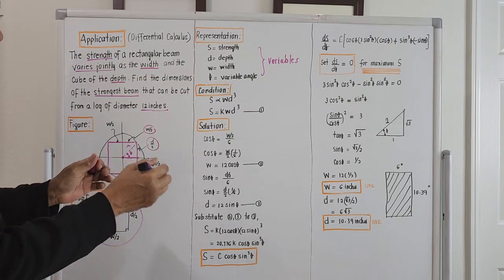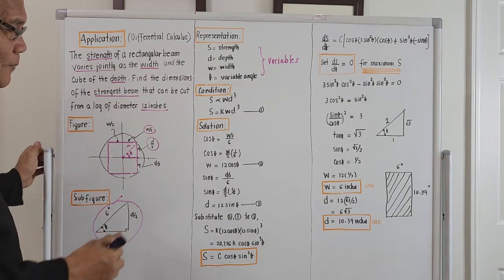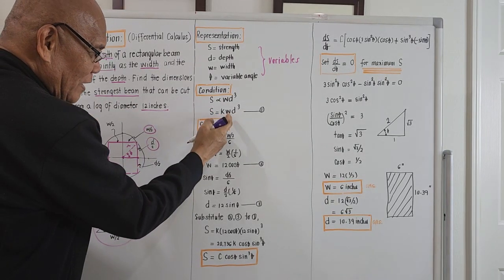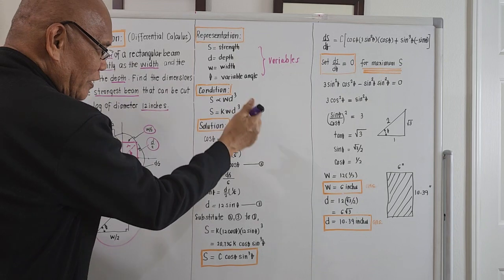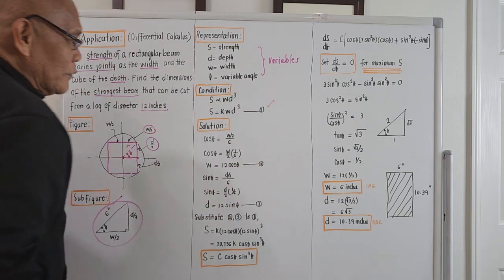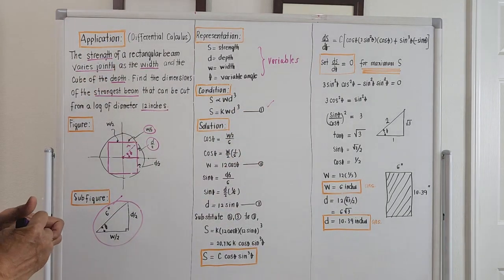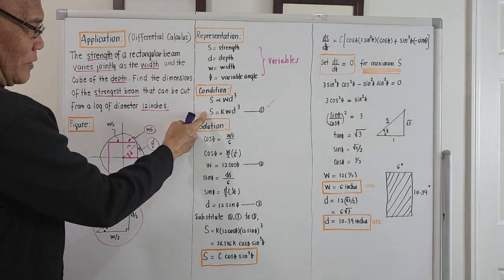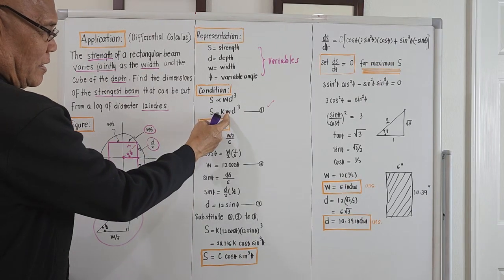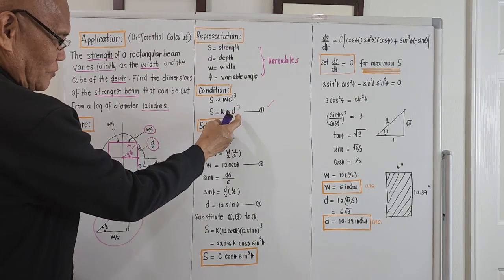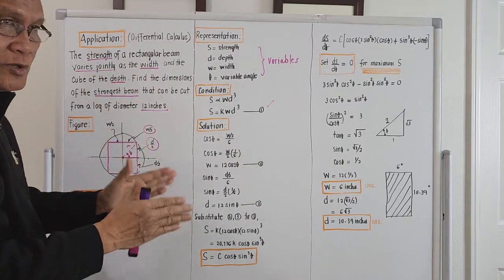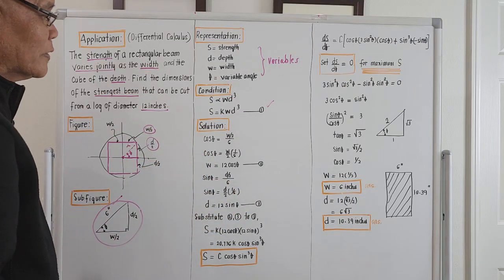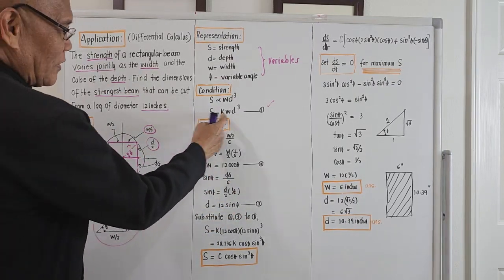If we bring out an equation from this, S will be equal to a certain constant K times the width times the cube of the depth. We call this equation number 1. How many variables do we have in equation number 1? We have 3 variables. The strength of the beam is variable, the width is variable, and the depth is variable, because for the meantime we do not know the values for it to be the strongest. So there are 3 variables here, right?